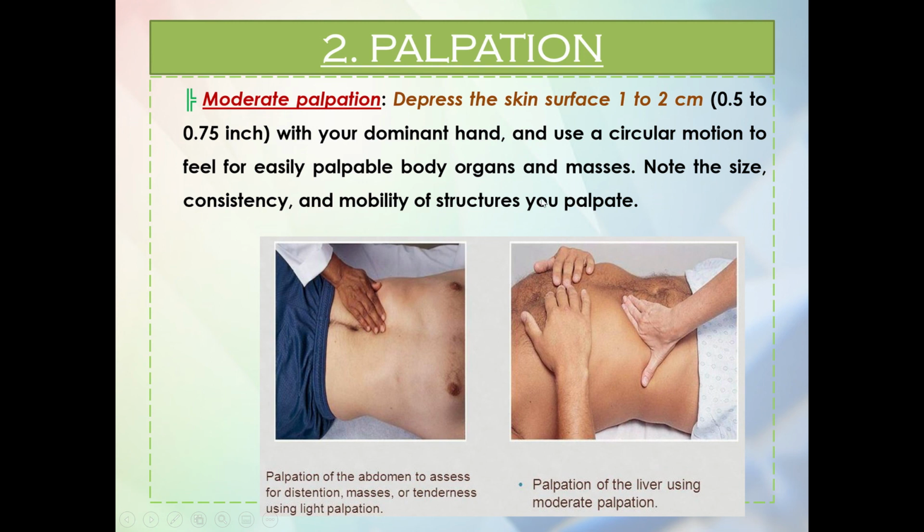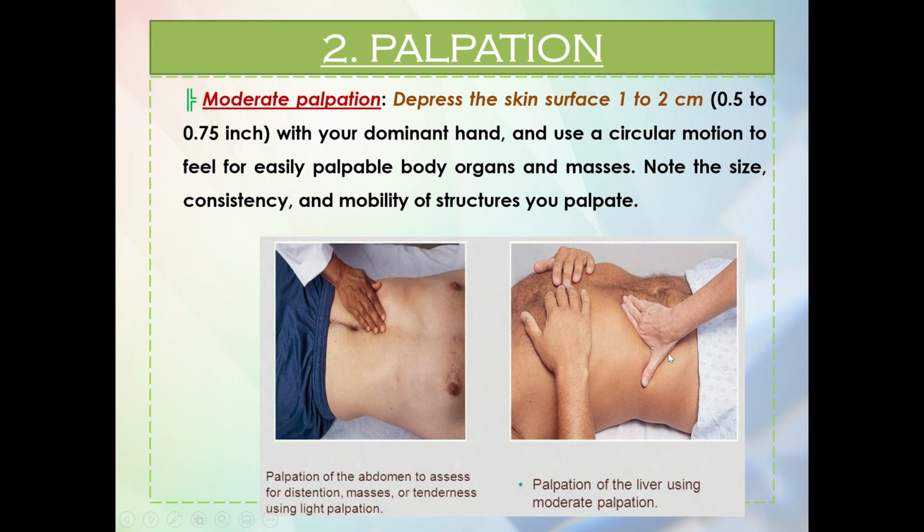So note the size, consistency, and mobility of structures you palpate. So this one is an example of a light palpation. Ito, light lang to. Ito yung kanina. And then just to compare, ito na yung ating moderate palpation. You see, parang medyo may depth na siya, di ba?